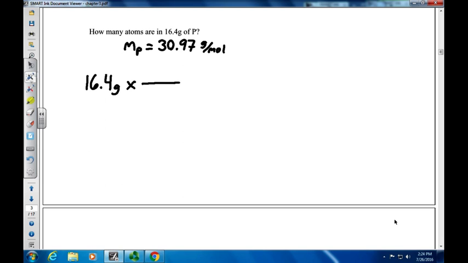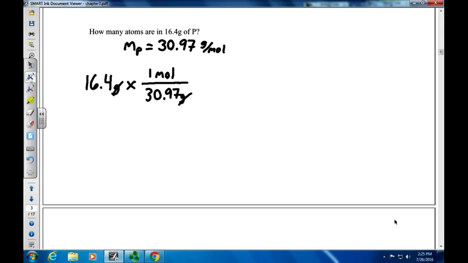Or rather, we're going to divide it by the molar mass. But I always use multiplication. It's just easier to visualize as you're crossing out your various units. So for every 1 mole of phosphorus, we have 30.97 grams of phosphorus. Grams and grams cancel each other out. And we're left with moles.